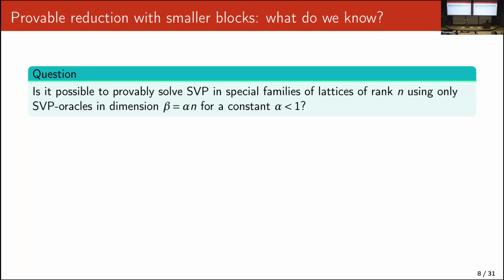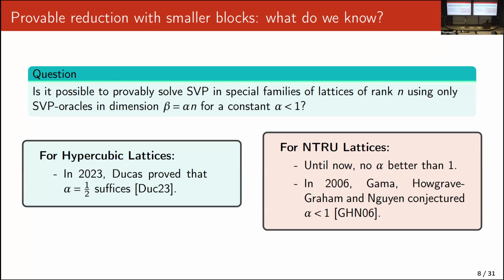So the motivating question in this work is the following. Is it possible to provably solve SVP in special families of lattices of rank n by only using SVP oracles in dimensions alpha n, where alpha is less than 1? I'm talking asymptotically, so take the limit of your alpha. So what is known for hypercubic lattices?